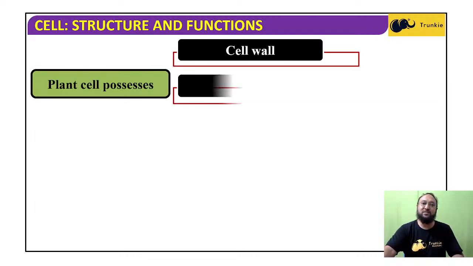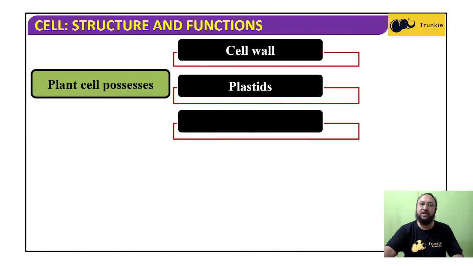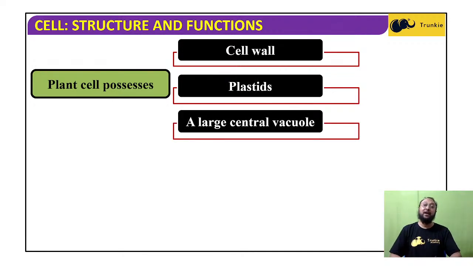Plant cells possess a cell wall and plastids, and plastids are found in plant cells only because they contain pigment. Three kinds of plastids are found: leucoplast, chromoplast, and chloroplast. Chloroplast is the green pigment containing cell organelle which has chlorophyll pigment for photosynthesis. A large central vacuole is also present.